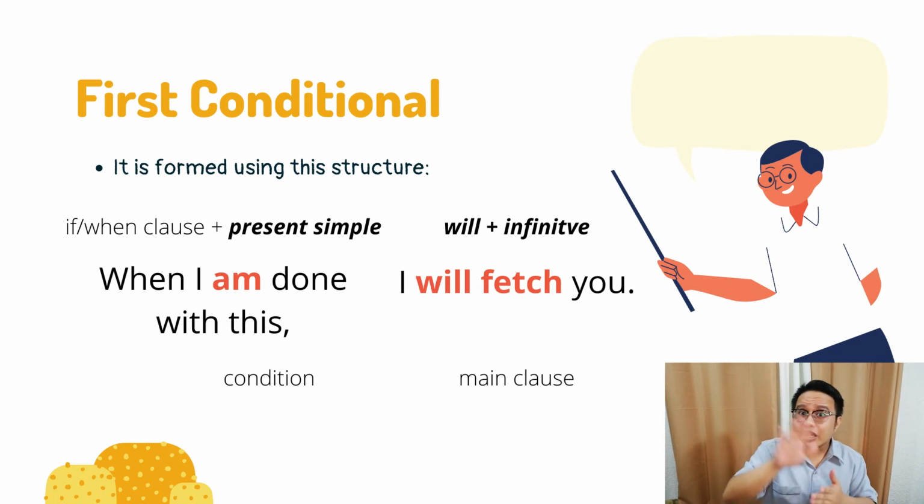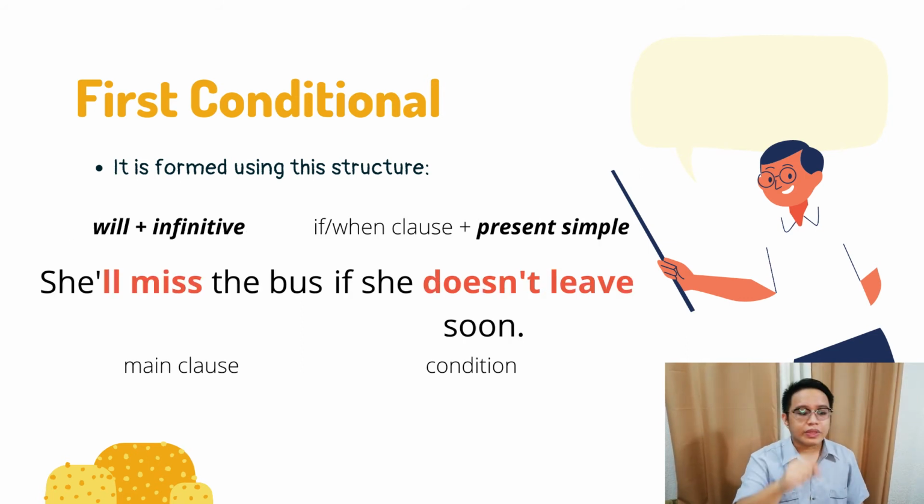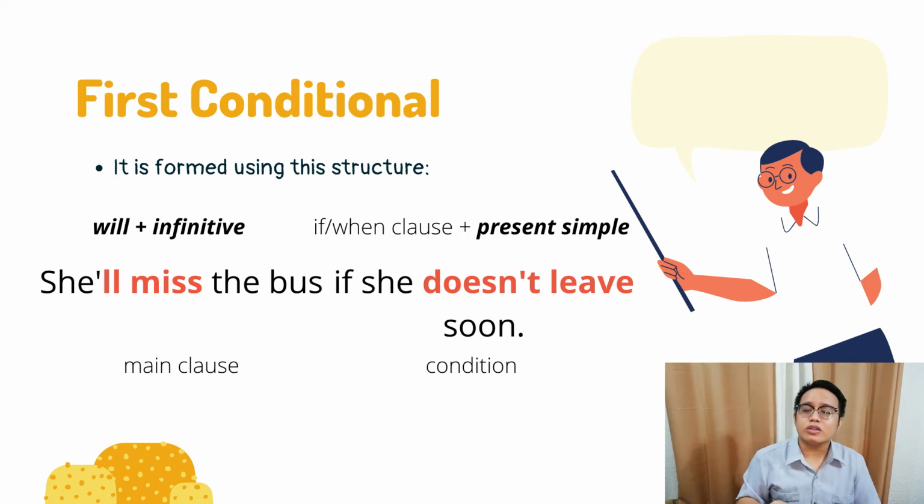Okay? Now let's go to the inverted. How does it look if the main clause comes first, then the condition? So here it goes. She'll miss the bus, or she will miss the bus if she does not leave soon. Okay? So, the main clause here is she'll miss the bus, or she will miss the bus.